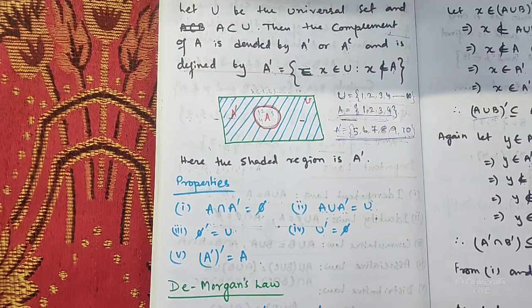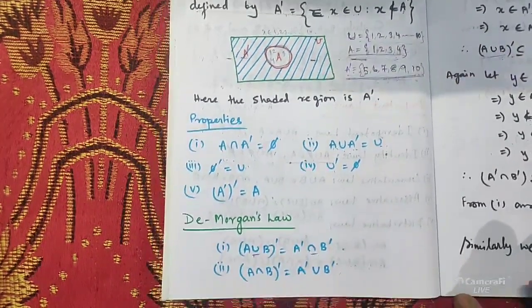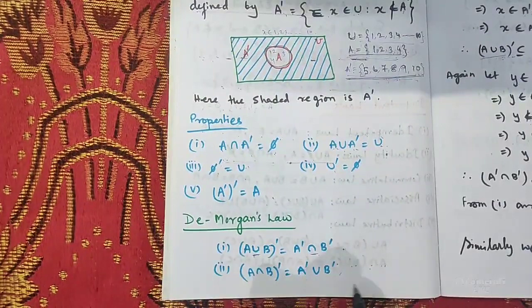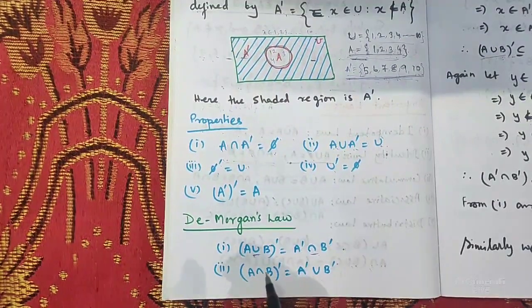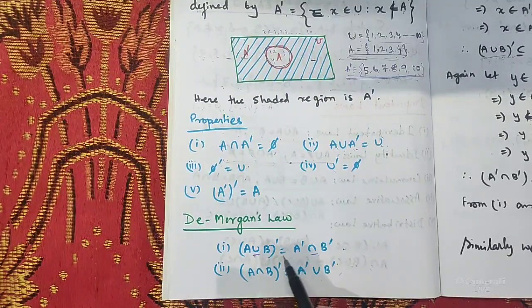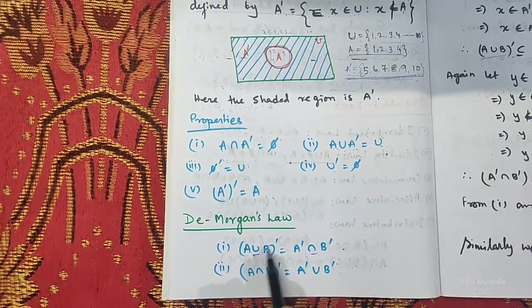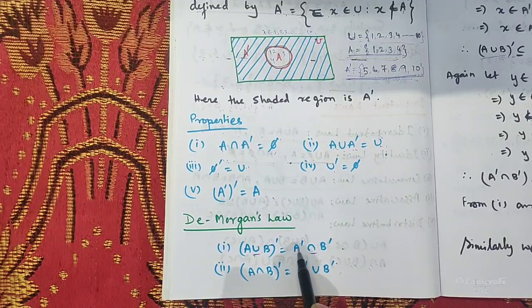Okay, now moving to the next topic, De Morgan's law. Very important two theorems. Here we will use the property of complement, union and intersection together. A union B whole complement is equal to A complement intersection B complement.